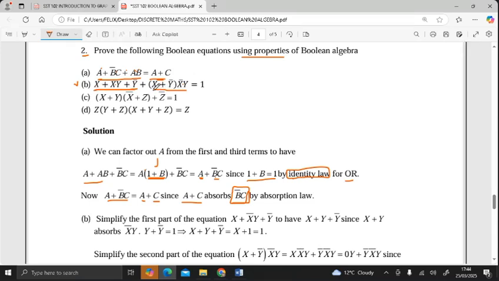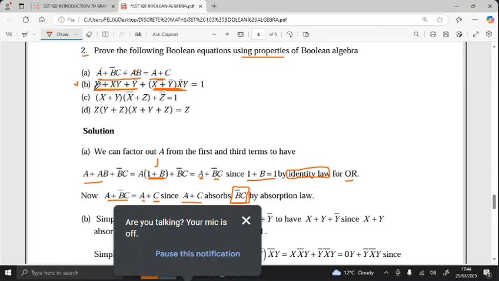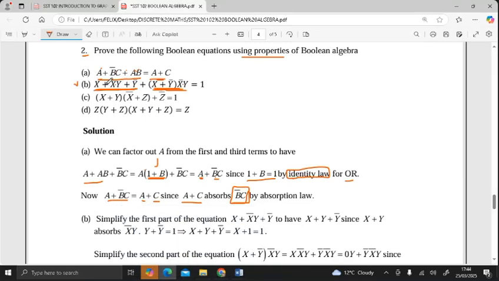Now, look at B. In B, we have this part and we have this part. Maybe let me enlarge a bit, probably to the benefit of those who are not seeing clearly. So the whole of this, we have some bracket here.